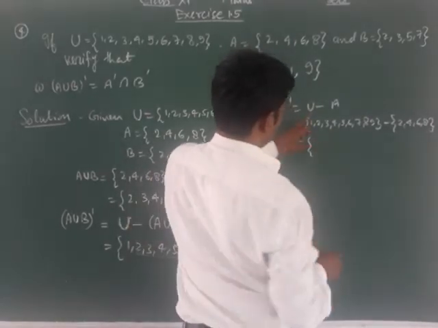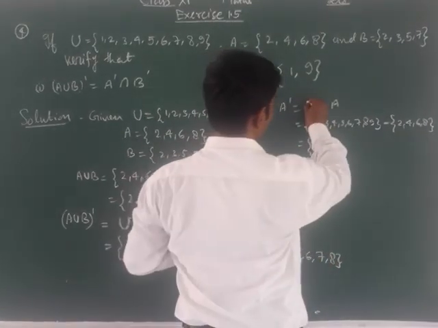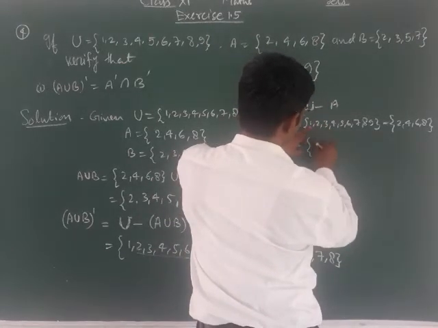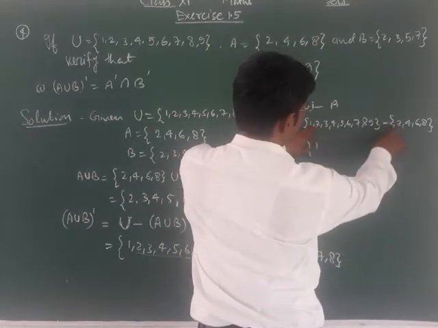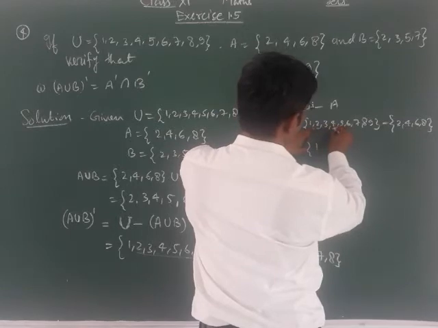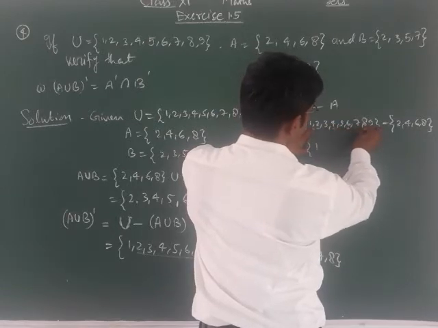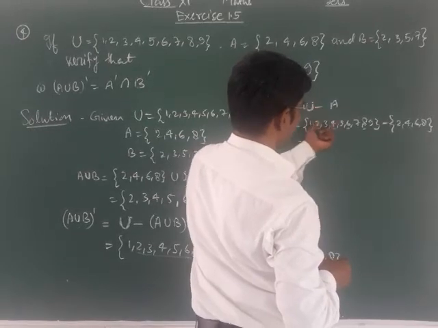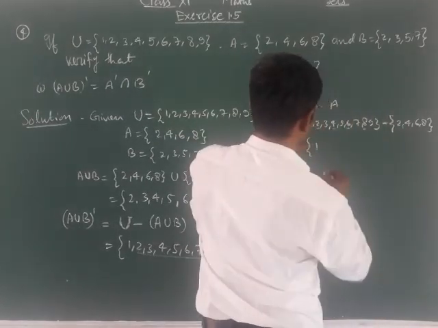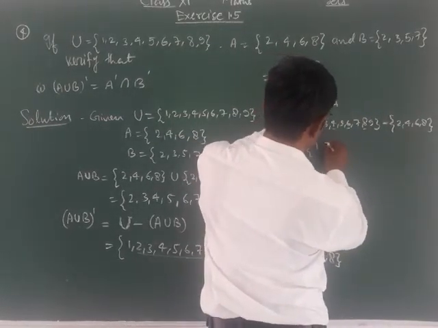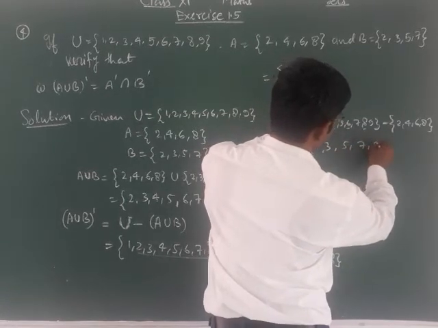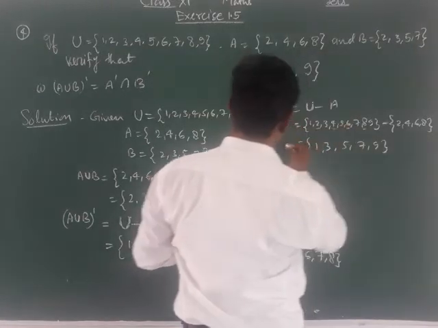So U minus A: those elements of U not present in this set. So this is 1, 3, 5, 7, and 9.